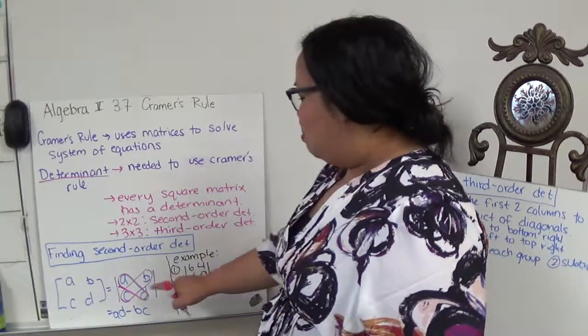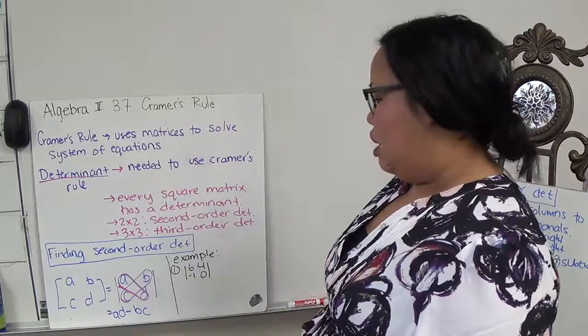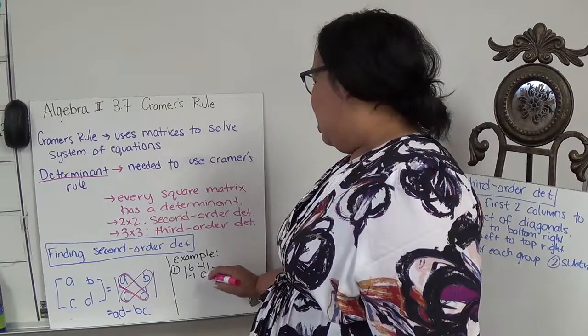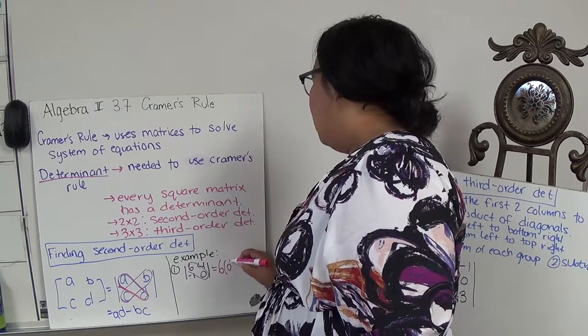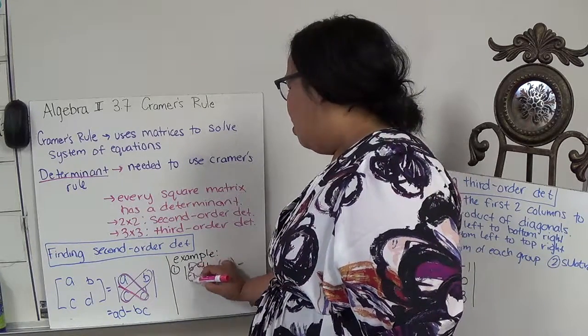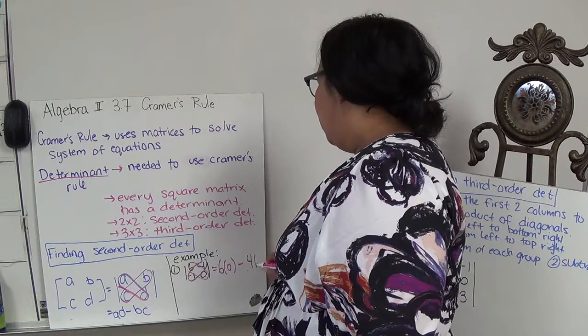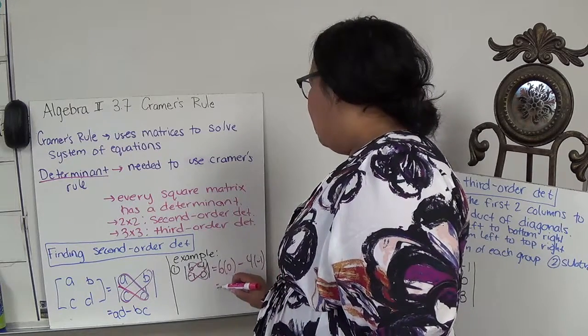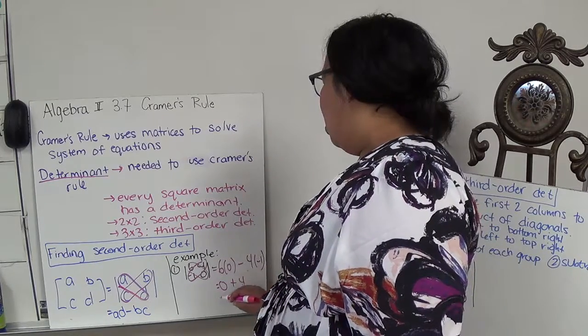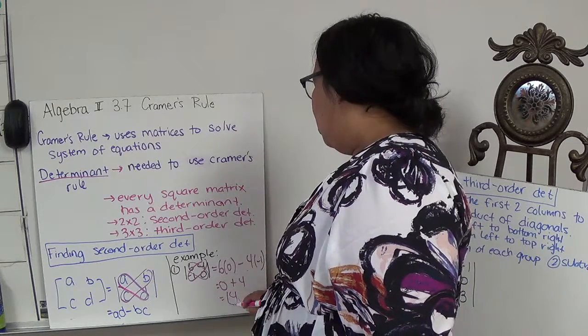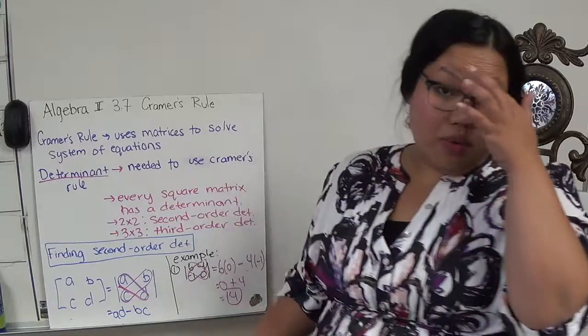A times D minus B times C. So I'm going to do 6 times 0 and then subtract from that 4 times -1, which would be 0 minus -4, which is positive 4. So my determinant is 4.